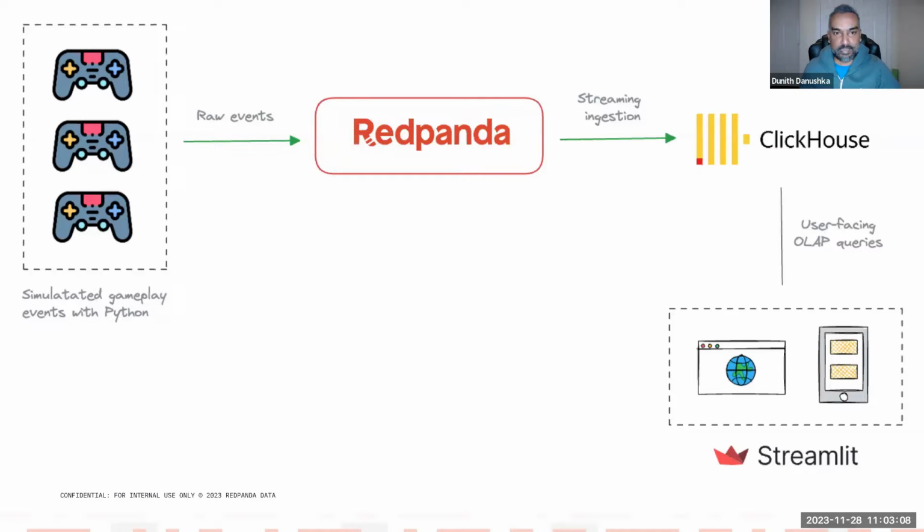Having said that, to build that solution I have several components, including Redpanda, ClickHouse, Streamlit, and Python. Our first order of business is to spin up a single node Redpanda cluster with Docker Compose. This cluster will hold all the raw gameplay events coming from all the concurrently connected gamers.